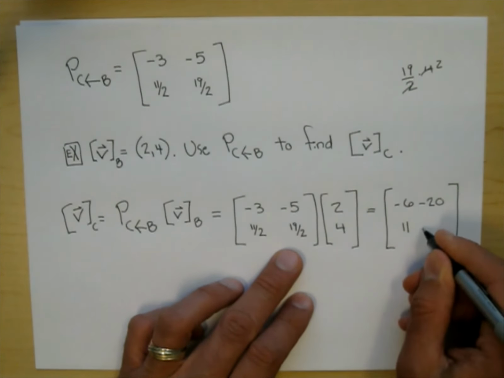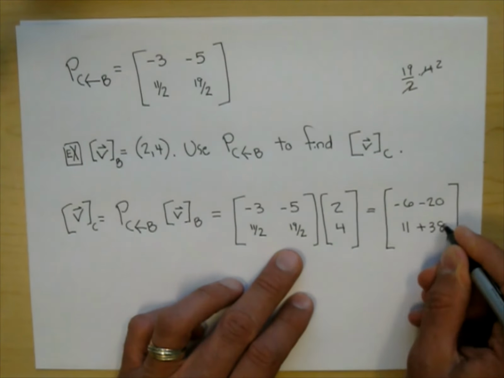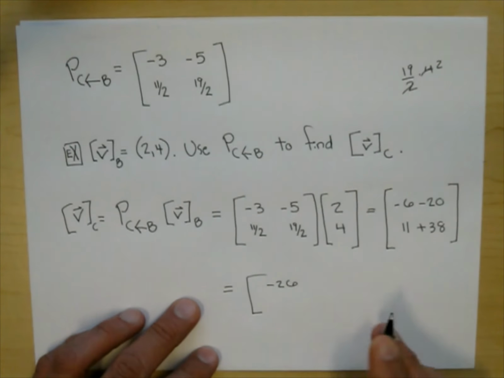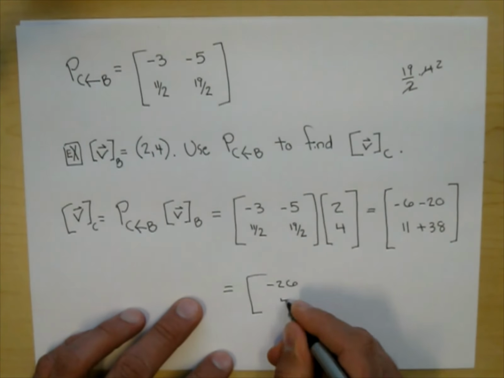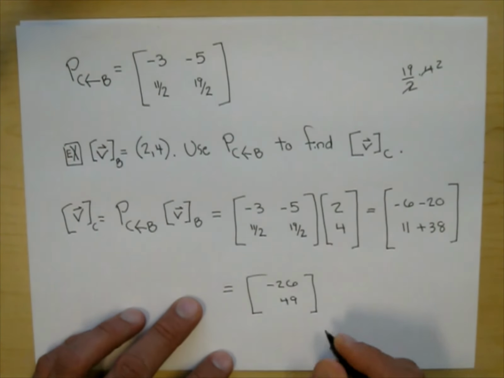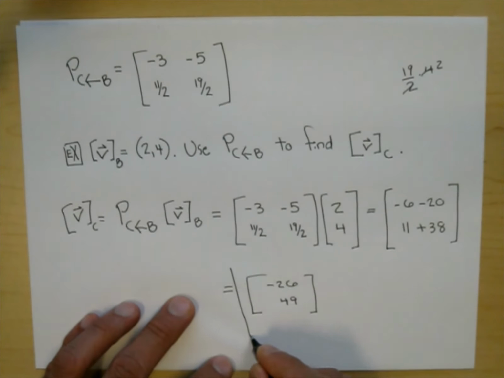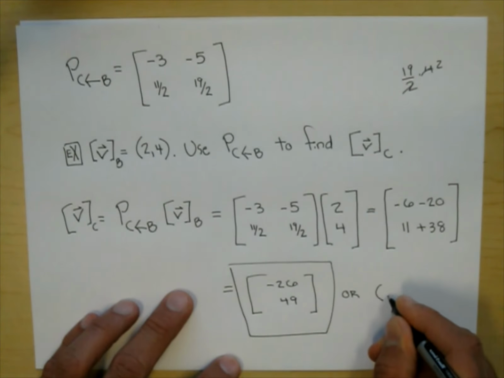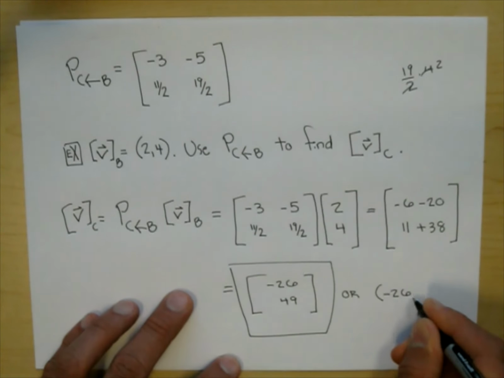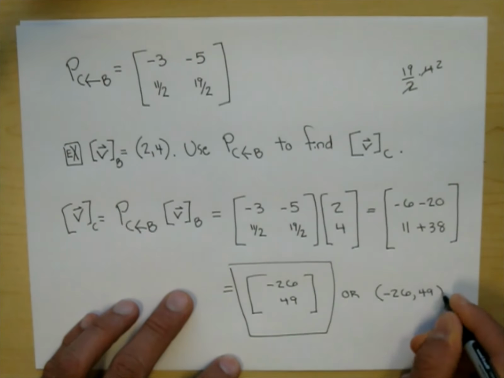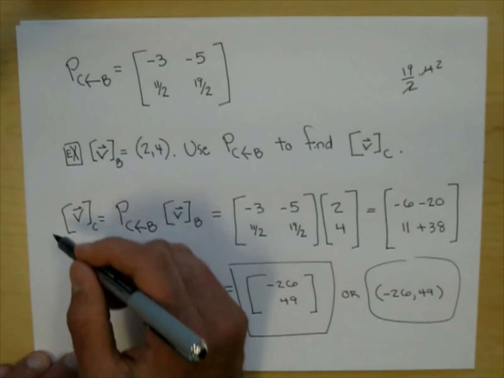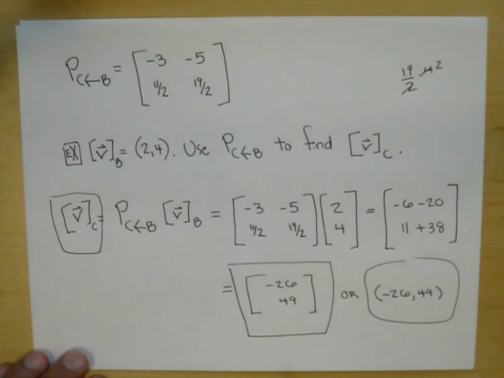So that's 38 plus 38. So this gives me -26. And then over here is going to be 49. So hopefully that's what I got. Now this is an acceptable answer, or you can write it like this. You can write it as -26, 49. Now we would never say that equals just vector v. We would say it equals this guy right here. Okay, the component vector.